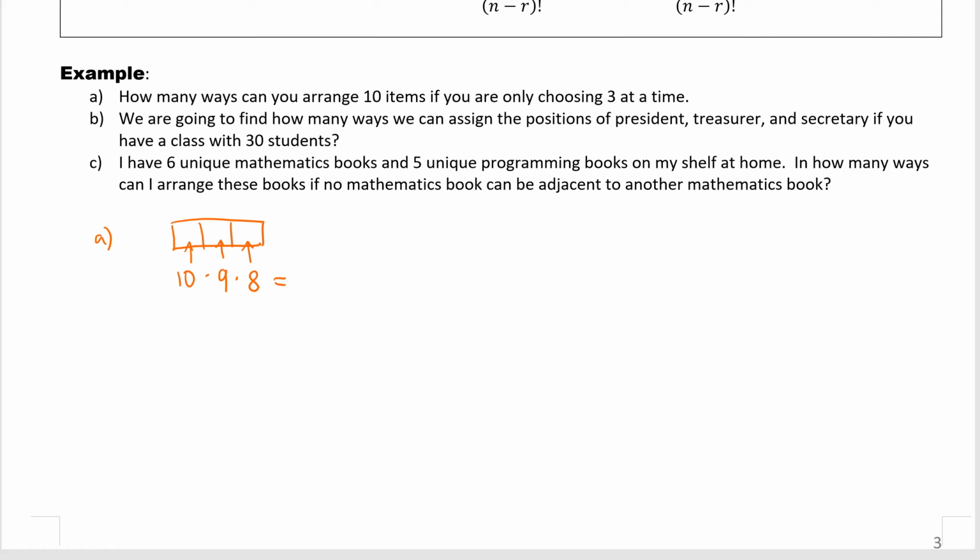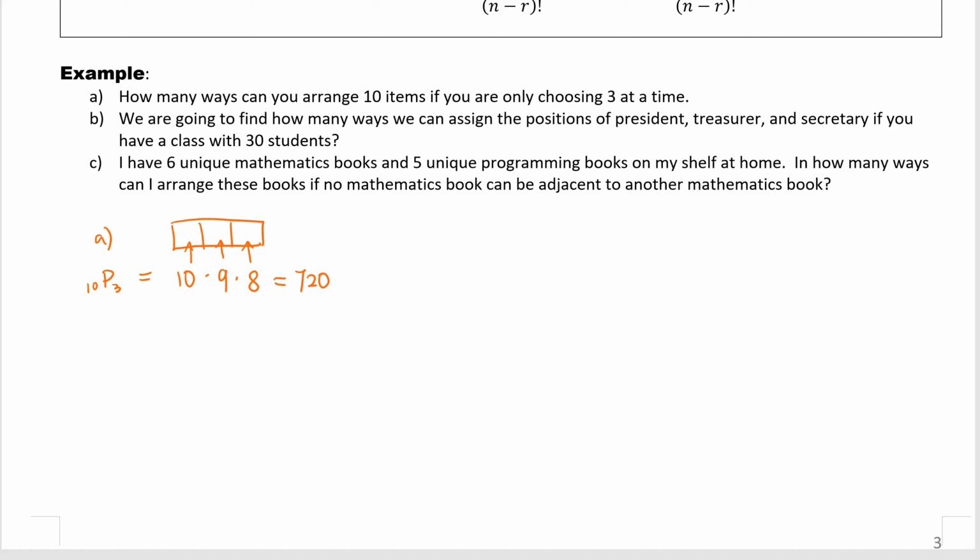So that equals 10 times 9 times 8, which is 720. In our notation, this is permutation 10 choose 3. So far so good. And how do you calculate it? You start with 10 and then count down 3 numbers.